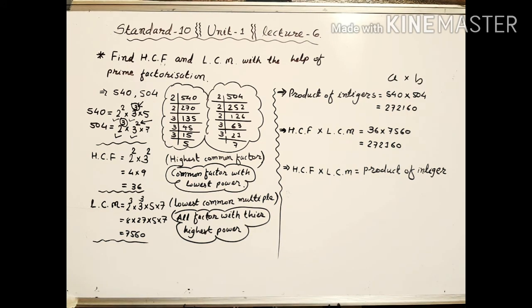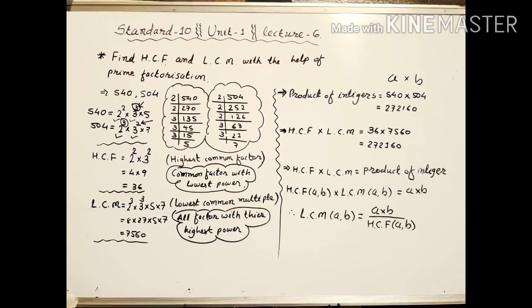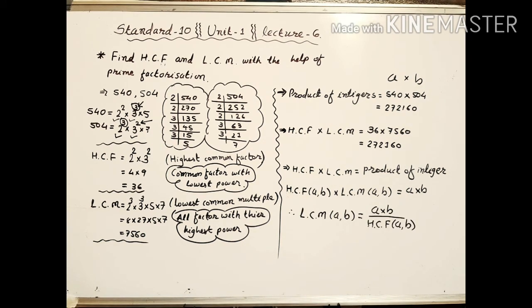If we say 540 is integer A and 504 is integer B, we can present this result as HCF of A, B into LCM of A, B is equal to A into B. And if we bring HCF to the division, we can present the formula as LCM of A, B equals the product of A and B divided by HCF of A, B. We can use this formula in some of the next questions.